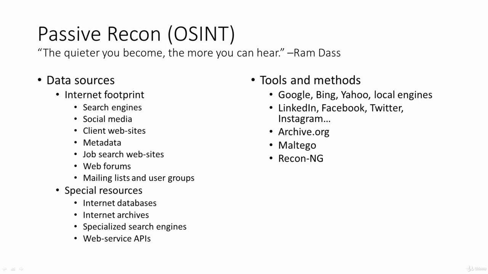Of course, there are also mailing lists, user groups and web forums where people discuss different things, sometimes related to what they do. I think now it's not very popular, but back in the day you could find all sorts of sensitive information in mailing lists. And the bad thing about it is that without the help of the people who moderate or administer them, you cannot remove anything.